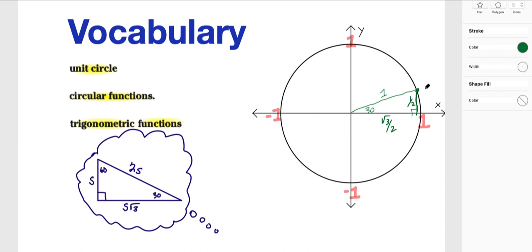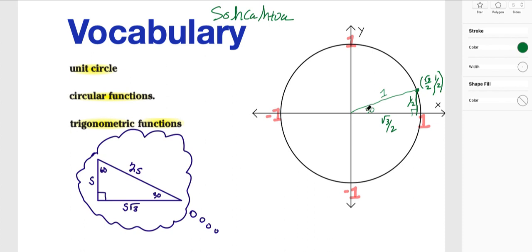So here's what I know. The x value of this point, stay with me, is going to be the square root of 3 over 2. And the y value of this point, how far up we're going, is 1/2. Let's talk a little bit more about what's happening here. If I think about the cosine of this angle, 30 degrees, remember we talked about SOHCAHTOA as our mnemonic device to remember the ratios.